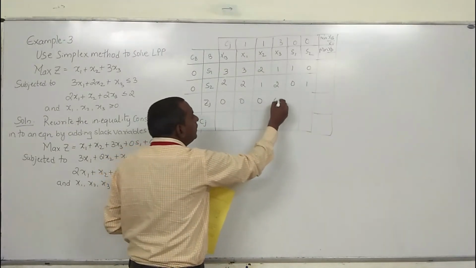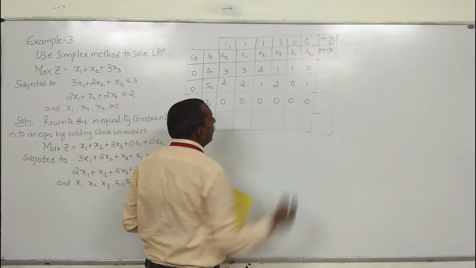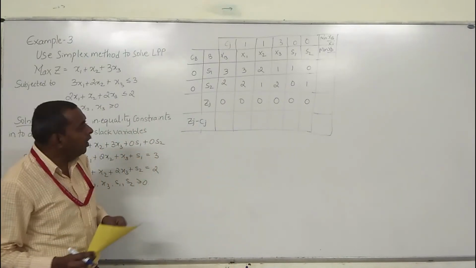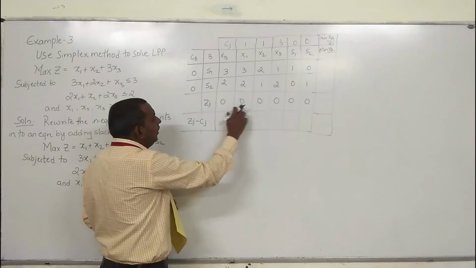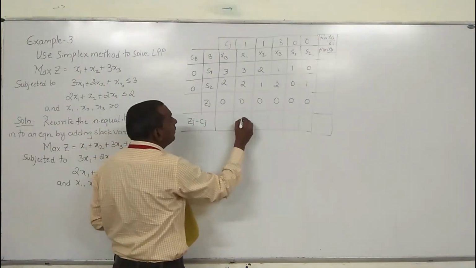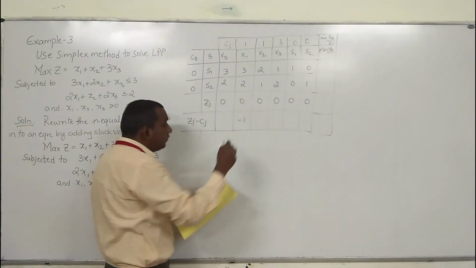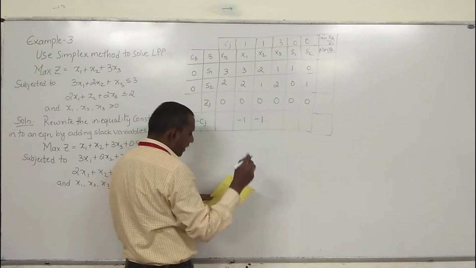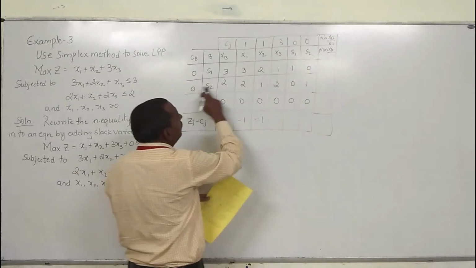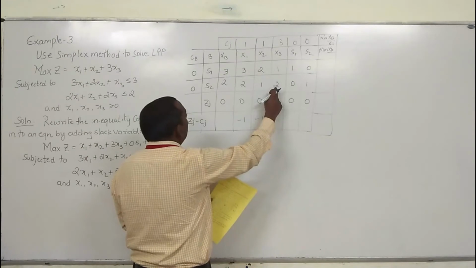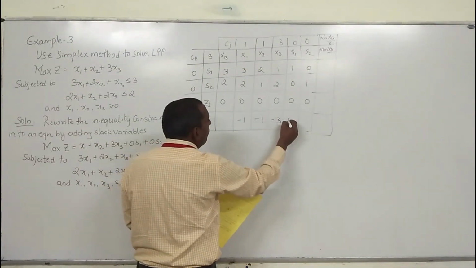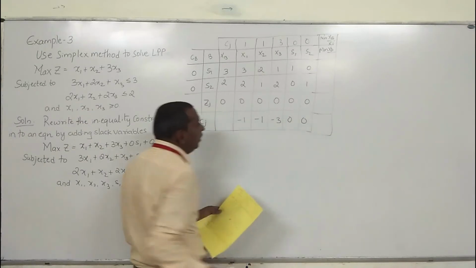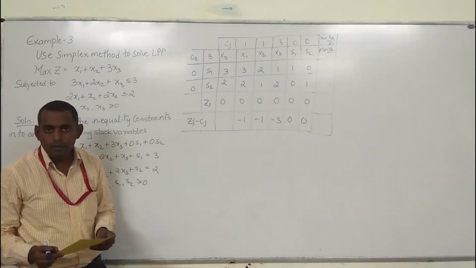This is 0, this is 0, this is 0, and this is 0. Now Zj is 0, Zj is 0. Then 0 minus 1 is minus 1. Then 0 minus 1 is again minus 1 here. Here it comes 0 into 2, that is 0, and 0 minus 3 is minus 3. Then 0 minus 0, 0 minus 0. The answer is this. Fine.